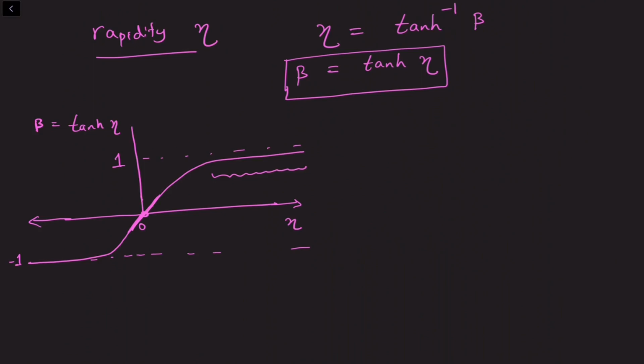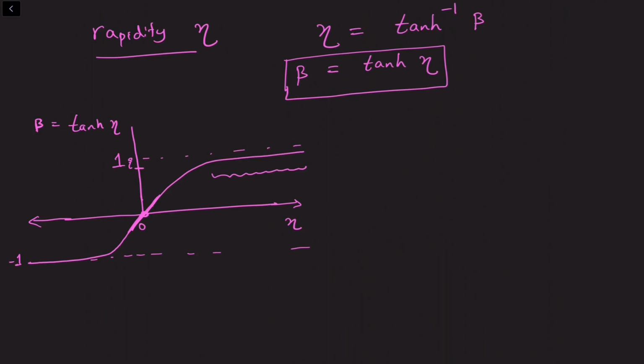So values of speed close to 1, or values of beta close to 1, are described much more precisely by talking about eta values, which are now spread over a much larger range.